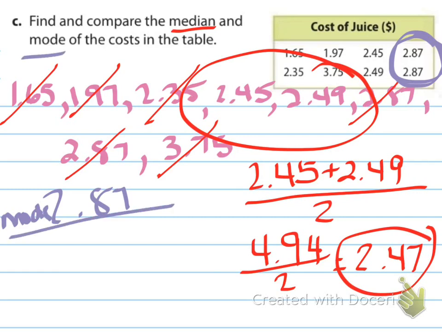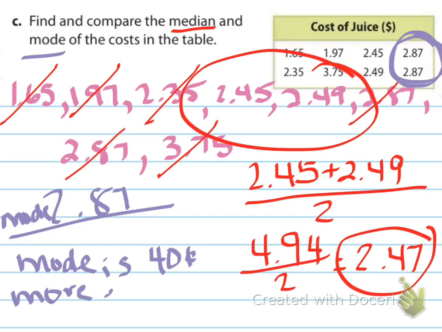All right, now to compare the two, I'm going to say that the mode is 40 cents more expensive than the median.